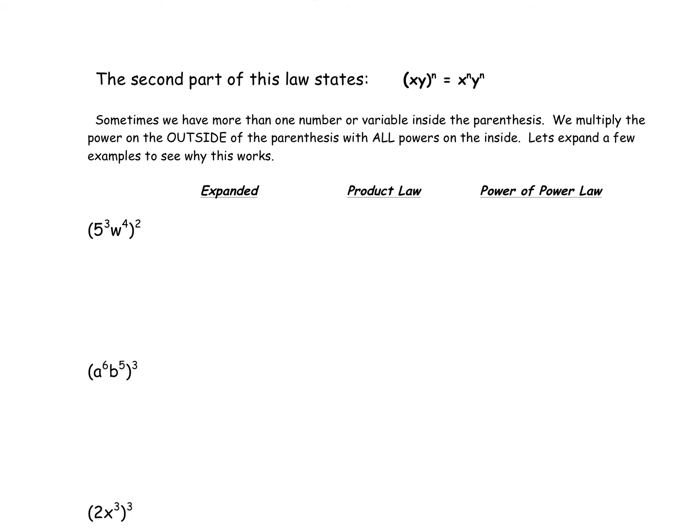So we're going to use the whole expression on the inside of the parentheses, and the power on the outside says we're going to see it twice. So 5 to the 3rd power, w to the 4th power, times 5 to the 3rd power, w to the 4th power. So I'm squaring that expression.